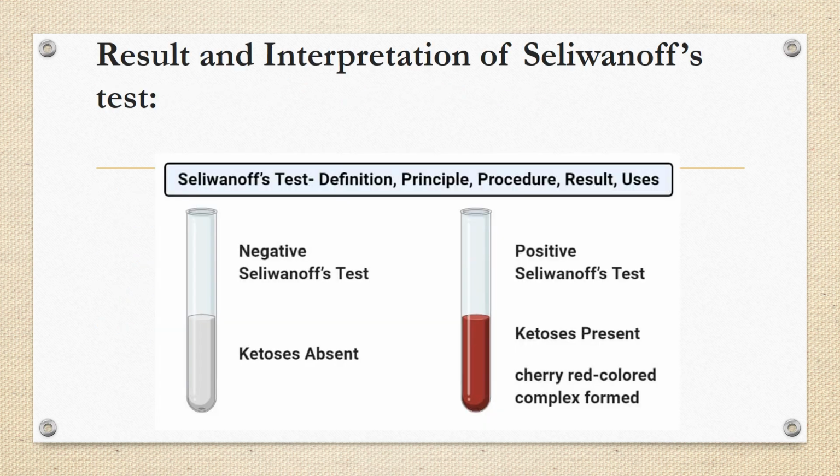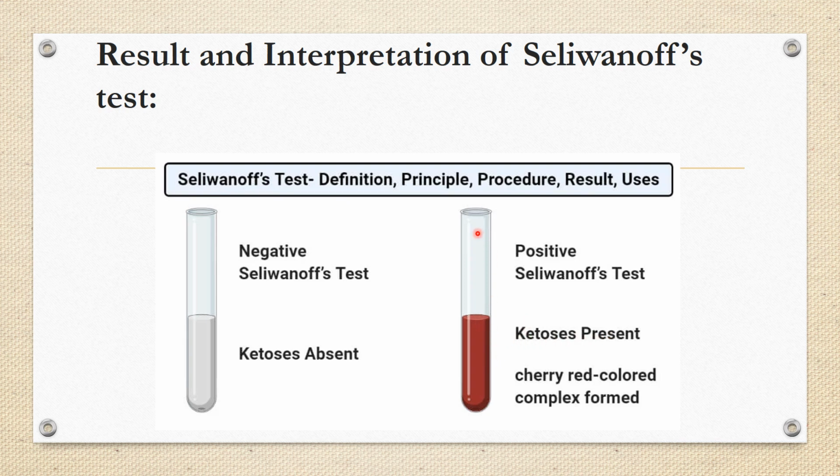The result and interpretation of Seliwanoff's test. This is the formation of the cherry red color, which should be a deep cherry red color when the ketose is present.